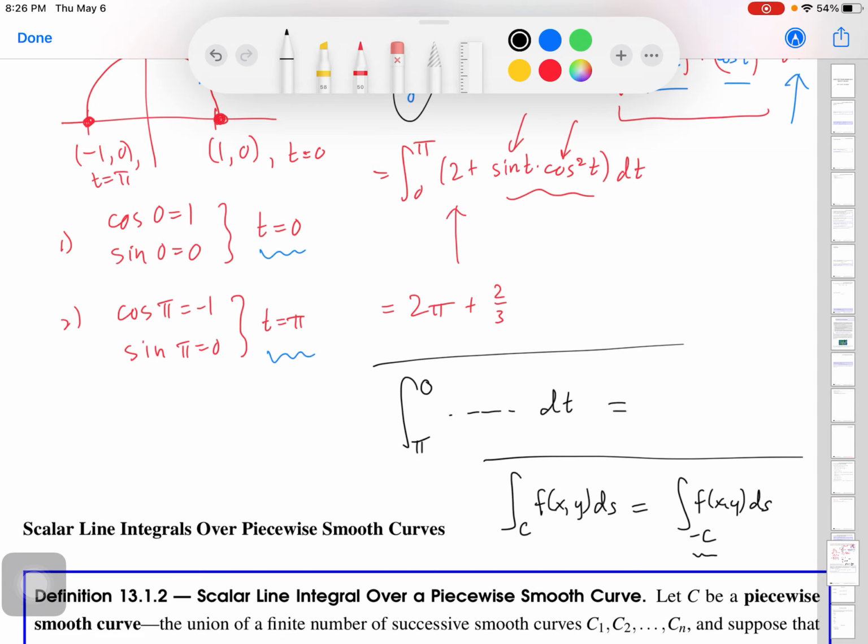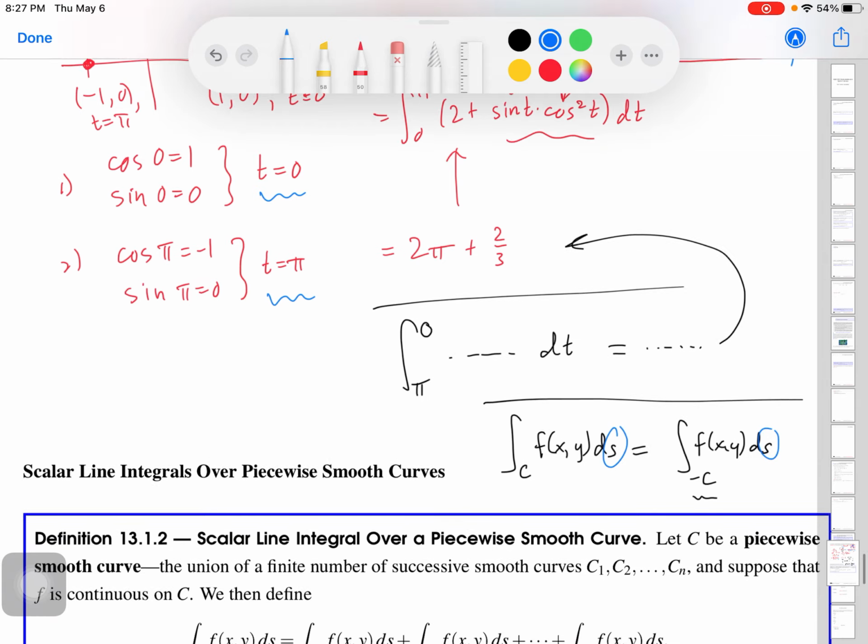So you can keep working this out and you can see that you will get exactly the same answer here. We don't have to worry about that when we're parametrizing with respect to arc length.